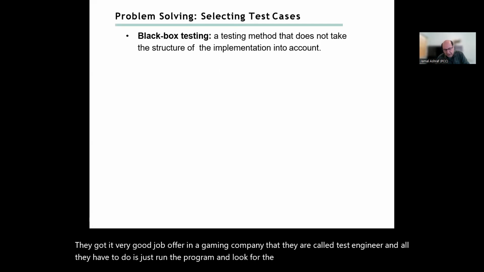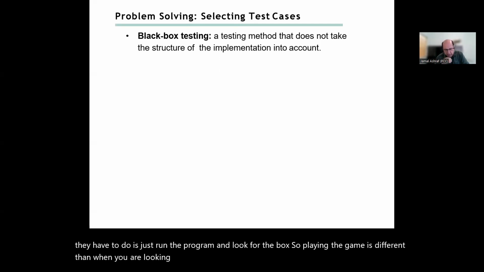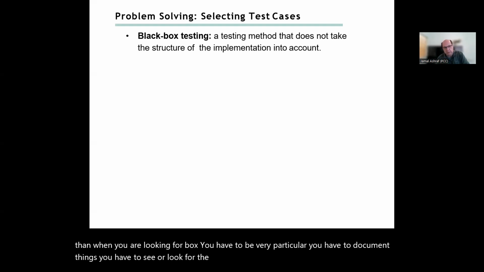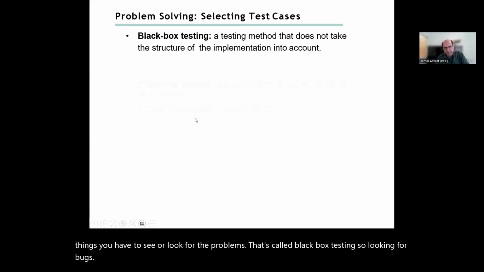Playing the game is different from looking for bugs. You have to be very particular, you have to document things, you have to look for the problems. That's called black box testing: looking for bugs without knowing what the code is about.